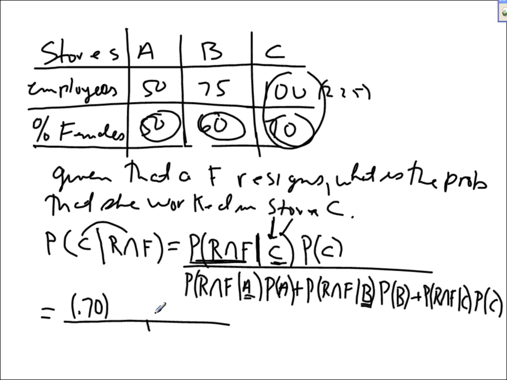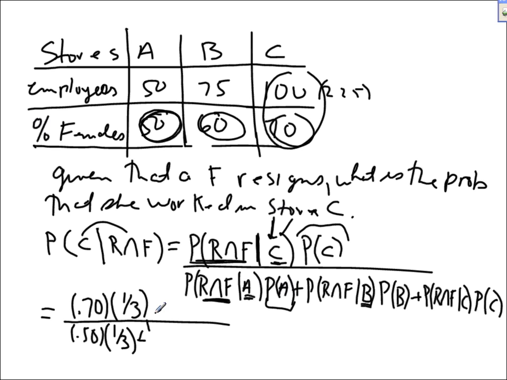The probability that you work in store C is 1 out of 3. The probability that you're a resigning female, given that you're from A, well, 50% are females. So 50% of the people who resign from store A are females, times the probability of being from store A, 1/3.